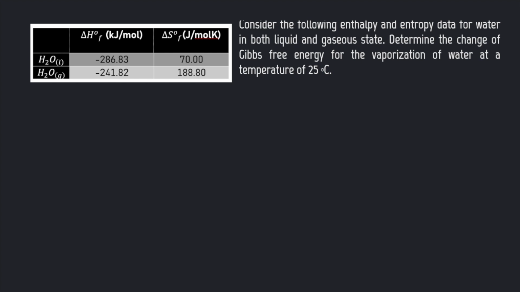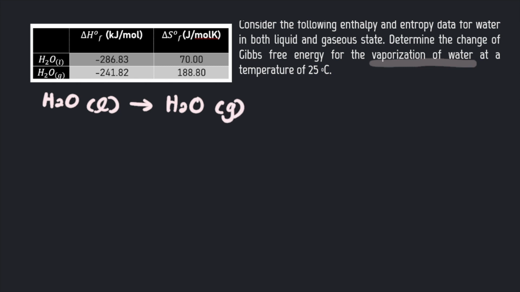Right, to answer this question, the first thing that you need to look at is this vaporization of water, because if you get it wrongly, the product and the reactant will be different. So in a way, we will say that it's water, H2O, from liquid to be vaporized into water in the gas form.